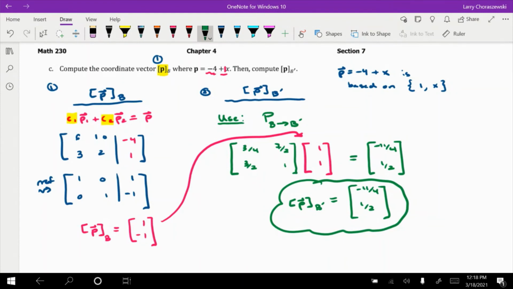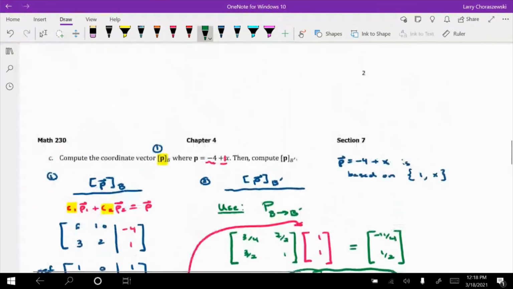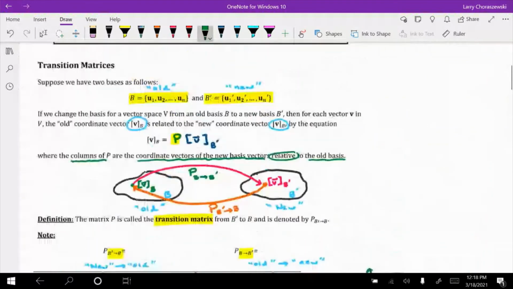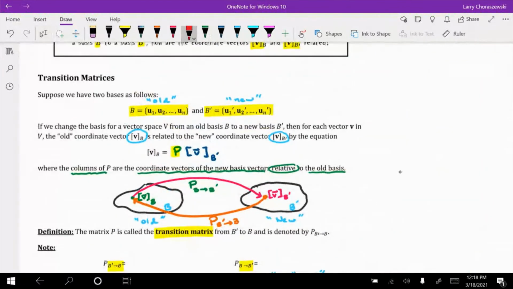Can you explain why you multiplied those two again, instead of doing a linear combination? Like why did we use the P from B to B prime and multiply that? Yep. So I'm going to reference this part on page 1.